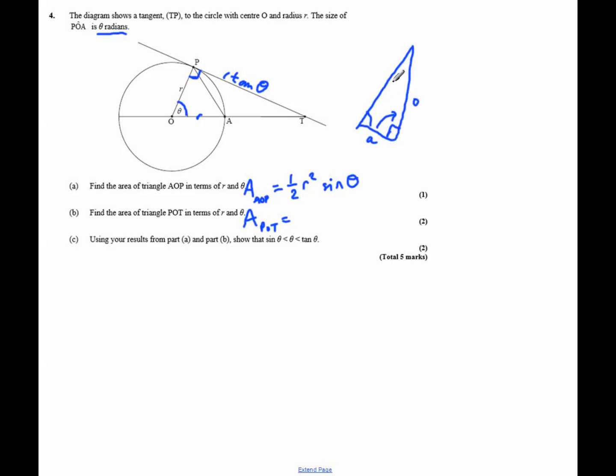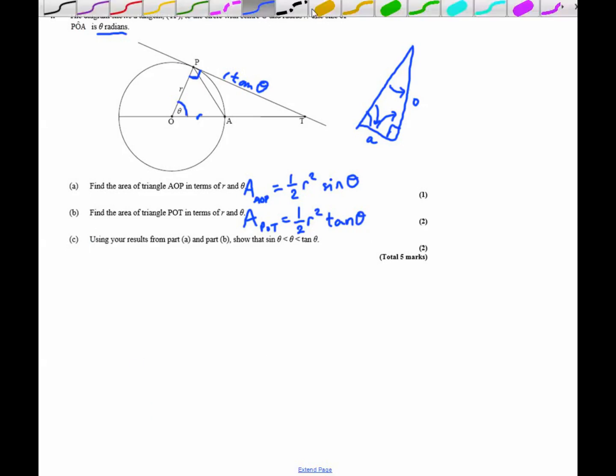Sine, incidentally, is what you multiply the hypotenuse by to get the opposite, and cos is what you multiply the hypotenuse by to get the adjacent. It's always helpful to think in these multipliers. So we know that that's r tan theta, which means we've got half r squared tan theta as the area of POT.